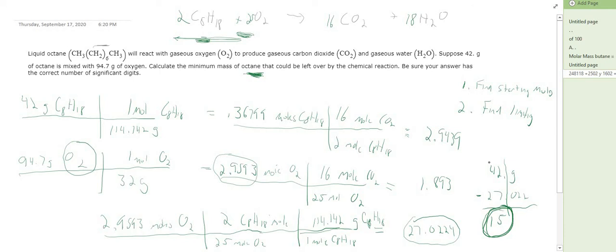So what's the strategy here? Again, this is how I do it. You find the starting moles. That's number 1. Find the starting number of moles, and then do the stoichiometry to figure out which is your limiting reactant.